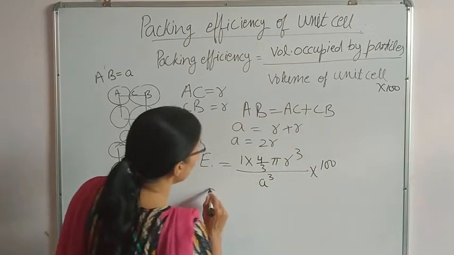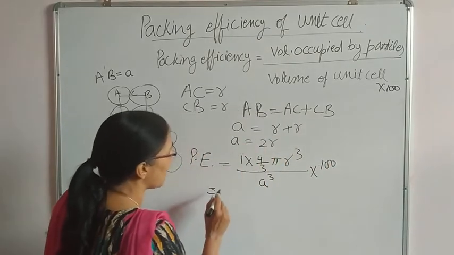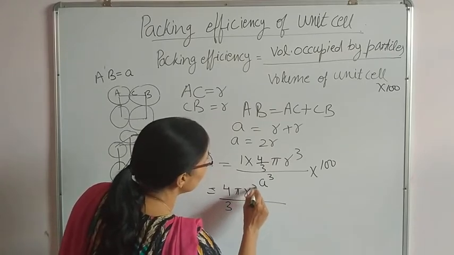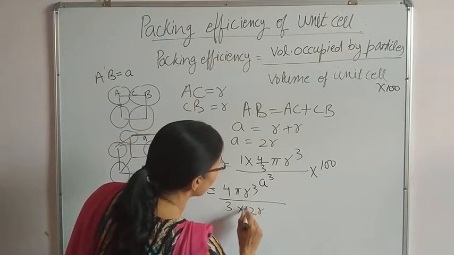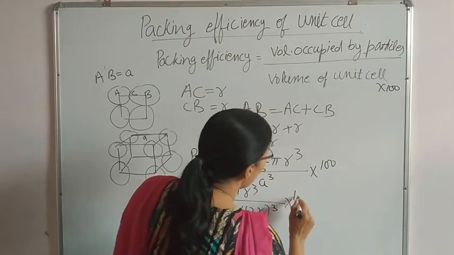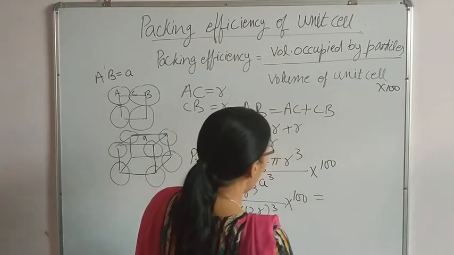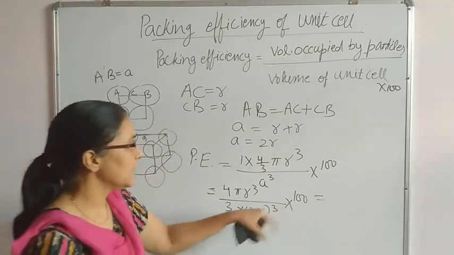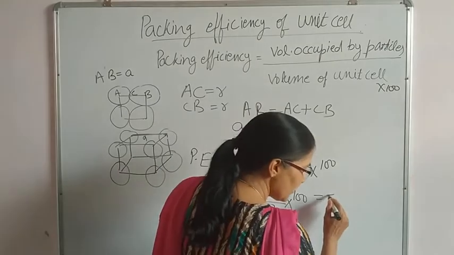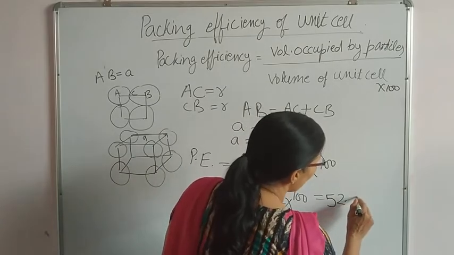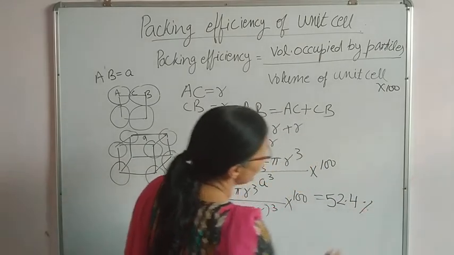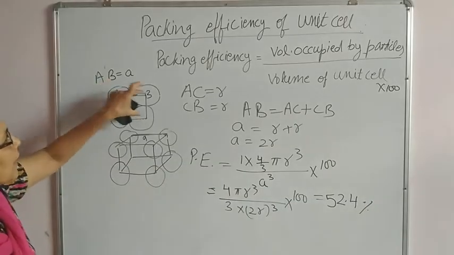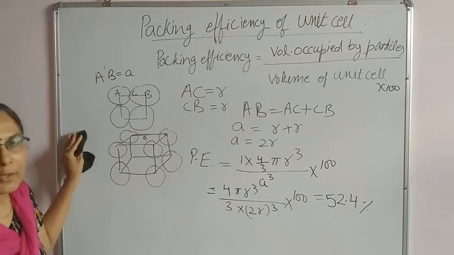Put the value of a, which is 2r: 4 upon 3 pi r cube into (2r) whole cube into 100. r and r will cancel out. When we do the calculation of pi, 4, 3 and 100, it will come as 52.4%. So 52.4% part is occupied by the atoms, the rest of the part is vacant.